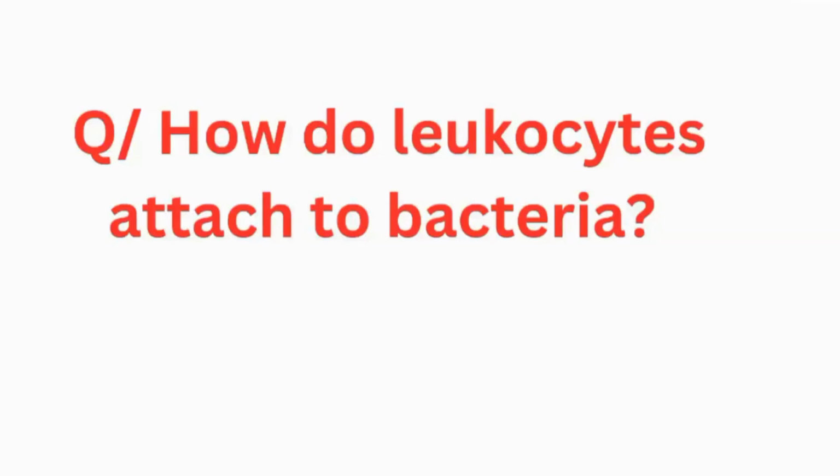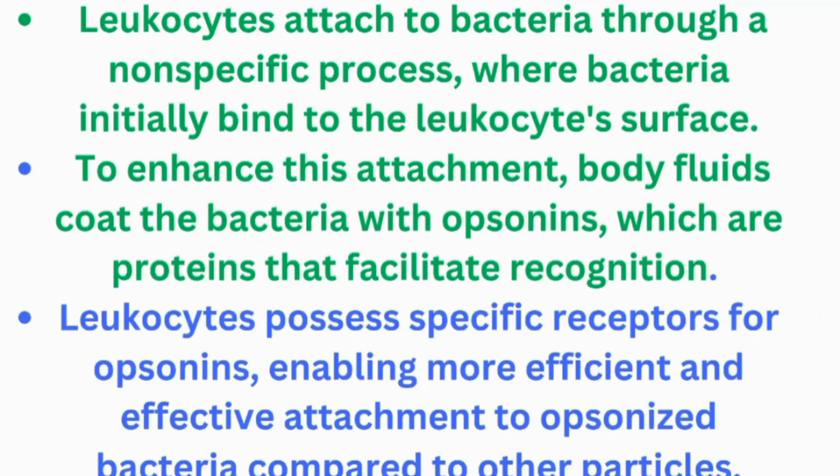How do leukocytes attach to bacteria? Well, leukocytes attach to bacteria through a non-specific process where bacteria initially bind to the leukocyte surface.